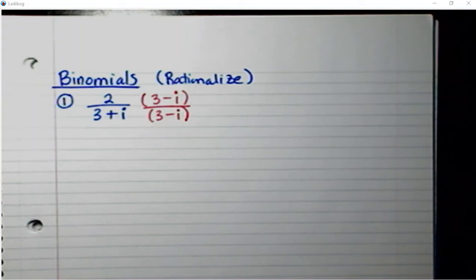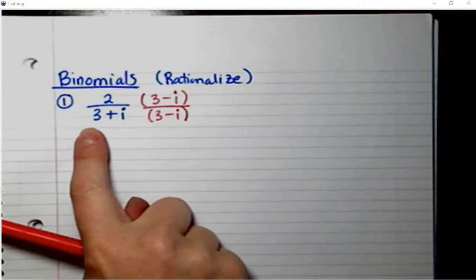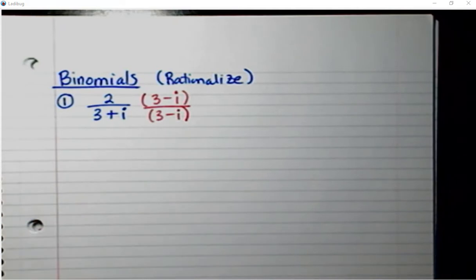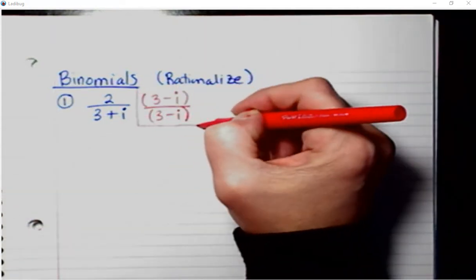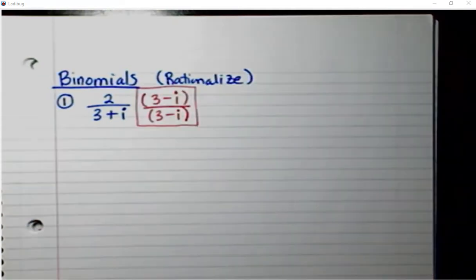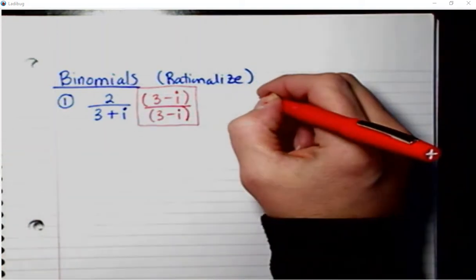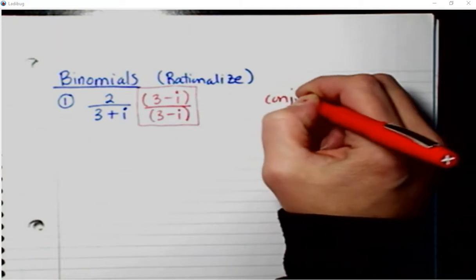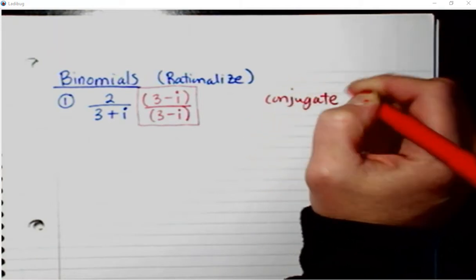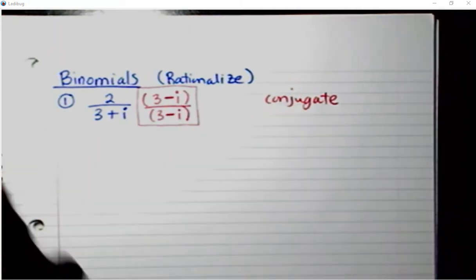It's just you have to make the perfect cube so that when you simplify the radical, it goes away. Here, I'm trying to multiply by this fancy form of 1 so that when I multiply, the i disappears from the denominator. And so this is that conjugate. Okay, it's where we change that sign.